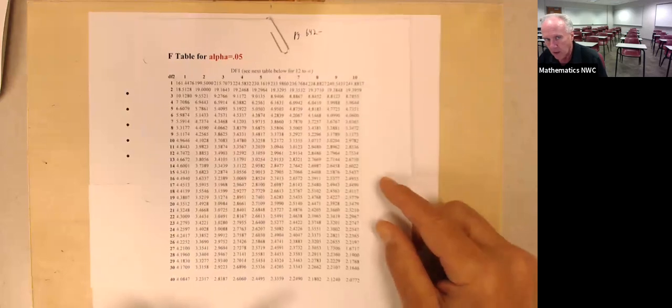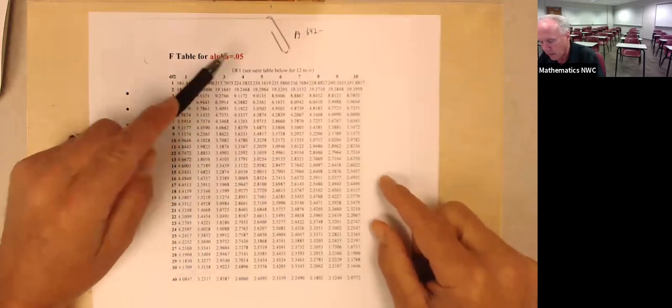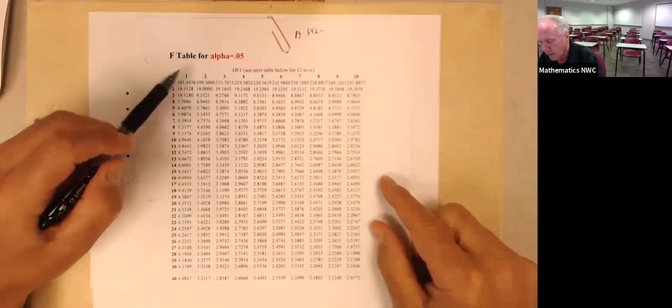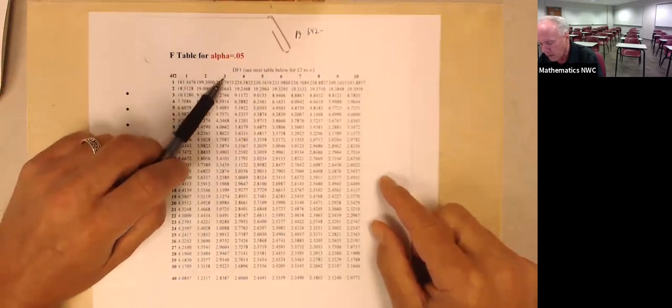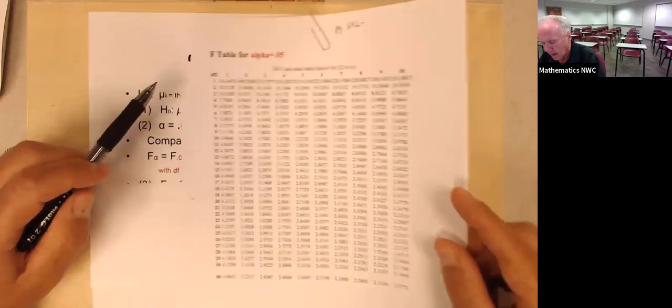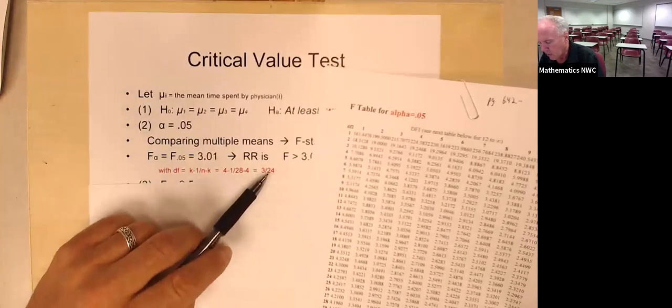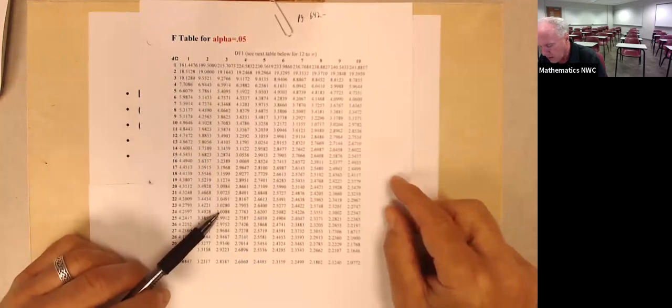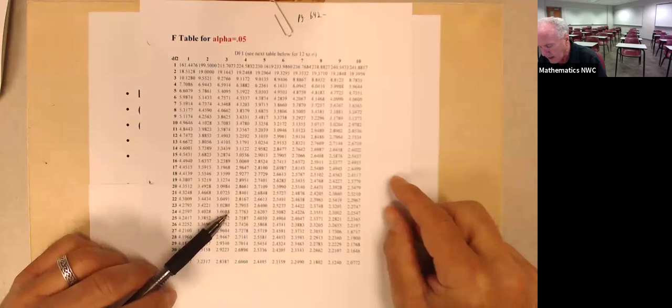So here's an alpha table, just like the one in the back of your book. I find the 3 in the top, and 24 down the side. That gives us 3.0088.